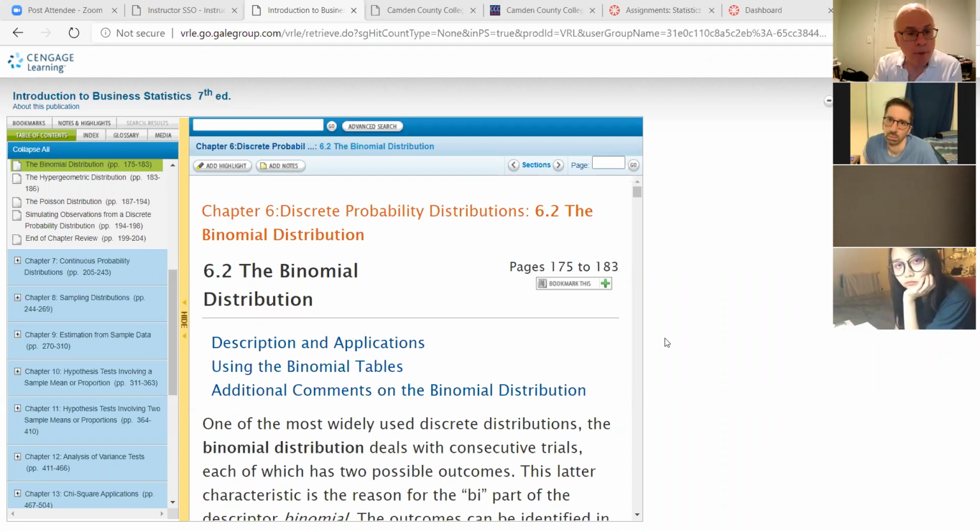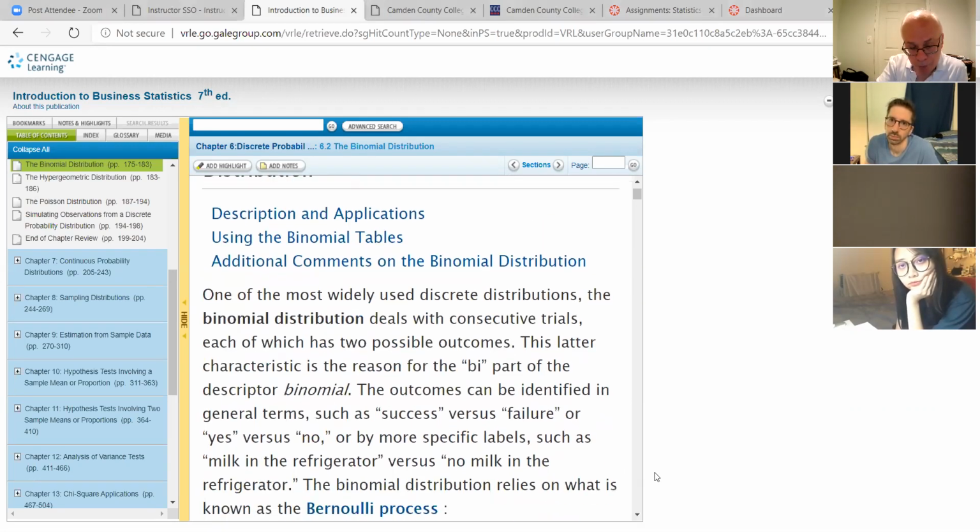So the binomial is an experiment where you have a certain number of repetitions of the experiment, we call them trials. That's the term that we use in probability. So we have consecutive trials where there are two possible outcomes, not more than two, just two, in each trial.